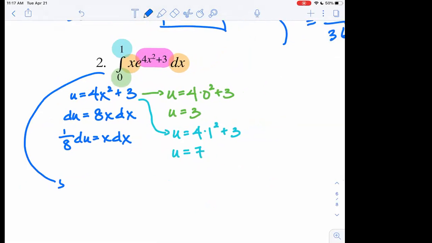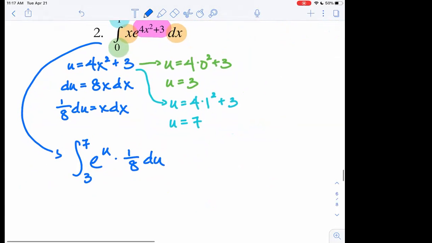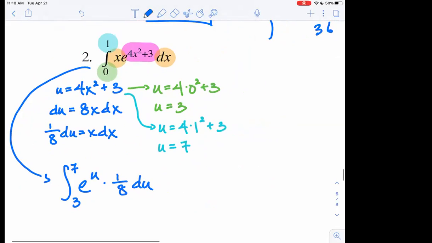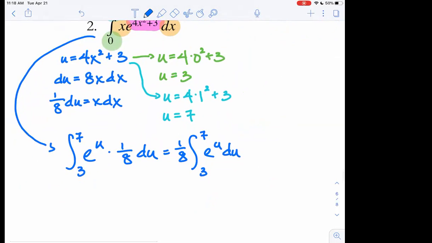All right, so let's substitute. Integral from 3 to 7 of e to the u times 1/8 du. I'm going to go ahead and take that eighth out. 3 to 7 of e to the u du. The integral of e to the u is just e to the u. Drop the line, put a 7, put a 3.